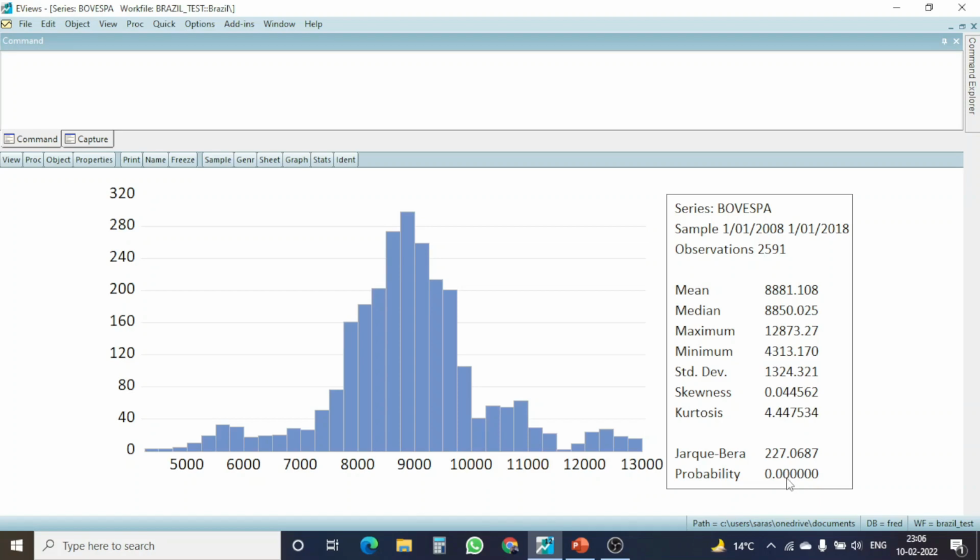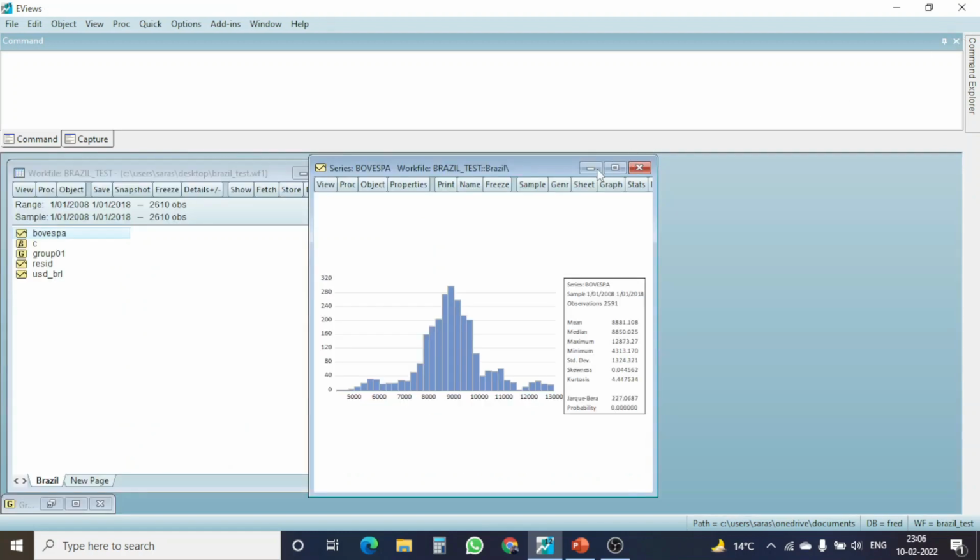What is the null hypothesis? The null hypothesis is that the series or data is normally distributed, but as the probability is 0.00, we can reject the null hypothesis and say that the data is not normally distributed. So this is the first series, the Brazilian stock market index.